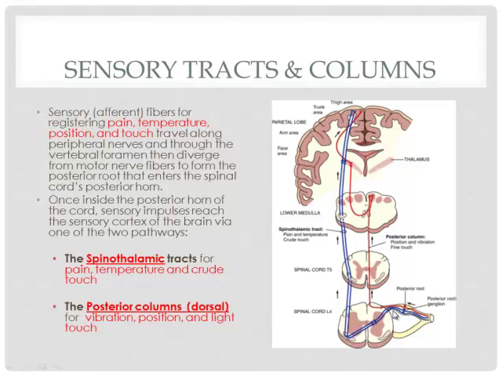Those impulses are going to go into the spinal cord and immediately cross right at the area where they're carried in, go along the spinothalamic tract in the white matter, and ascend all the way up to the brain. Then it's going to go to the thalamus, and from there to the cortex.